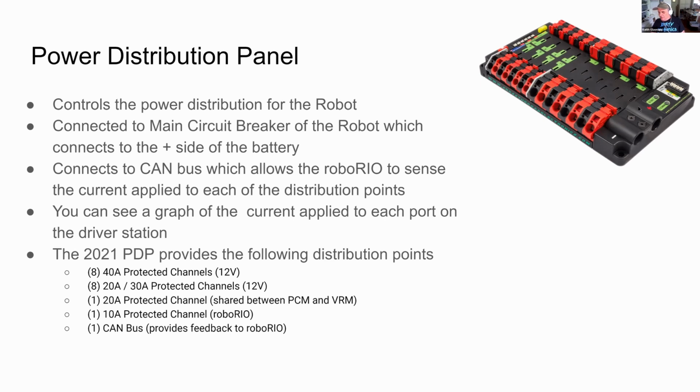And on this side, we connect it to the positive lead. And so the positive lead wire will go to the circuit breaker. And again, the other side of the circuit breaker goes to the battery connection. Okay. Basically, then, what this power distribution panel has in it is all sorts of connections that we use to connect up to the motors in the robot.